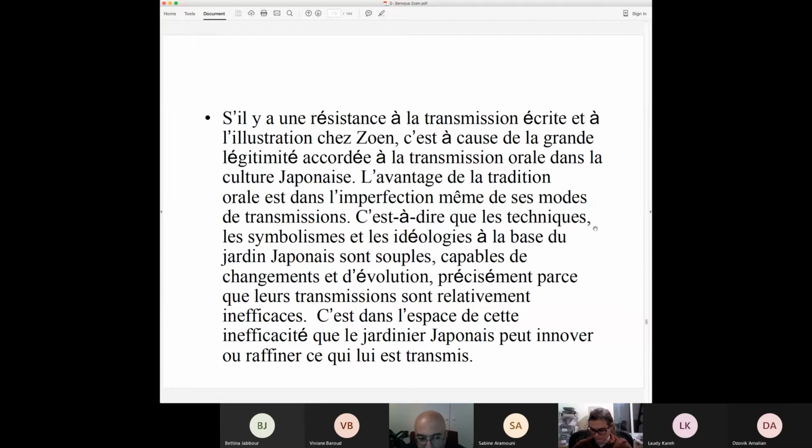This level of imperfection is the student's space of liberty. This is where the student can change and adapt, all the while claiming to be in continuity with this tradition. This imperfection is the very thing that allows orality to adapt to changing circumstances.